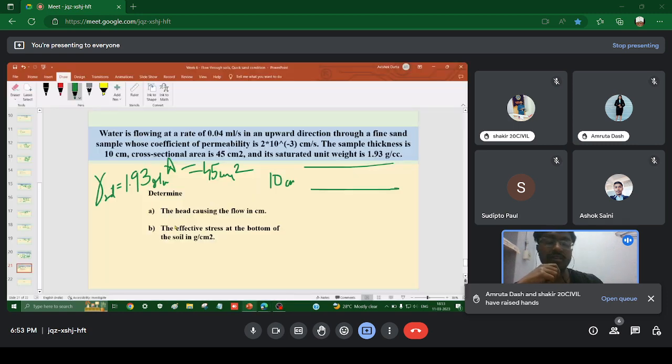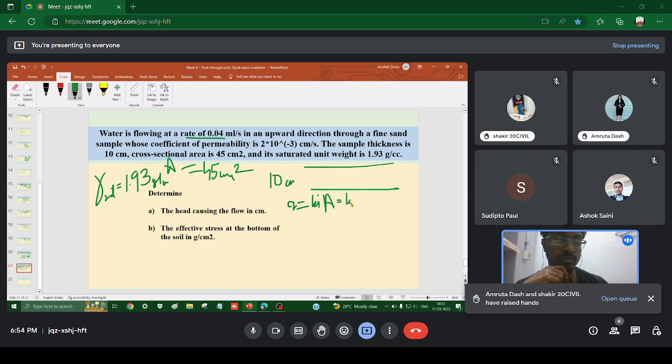The first question is head causing the flow. We have been given the rate of flow, Q. We know by Darcy's law, Q equals K I A. What is I?